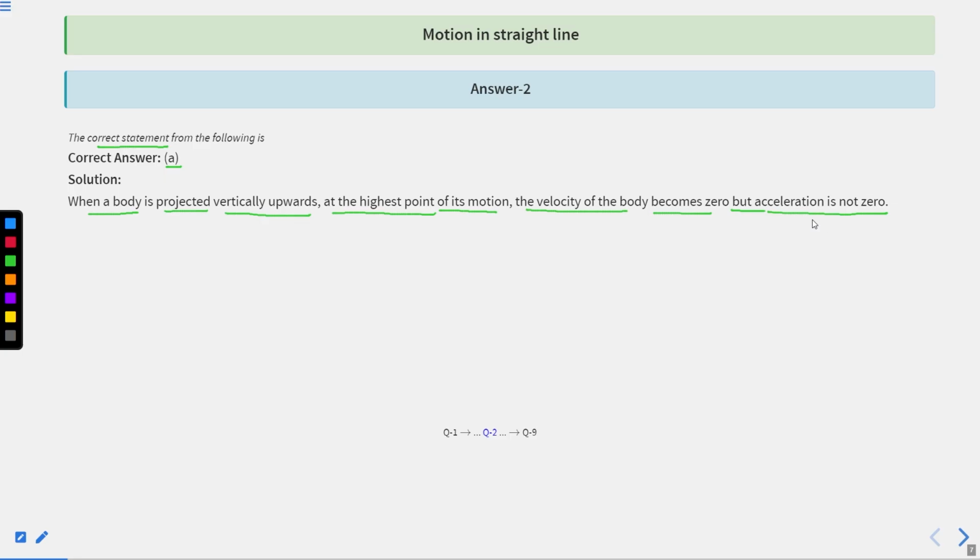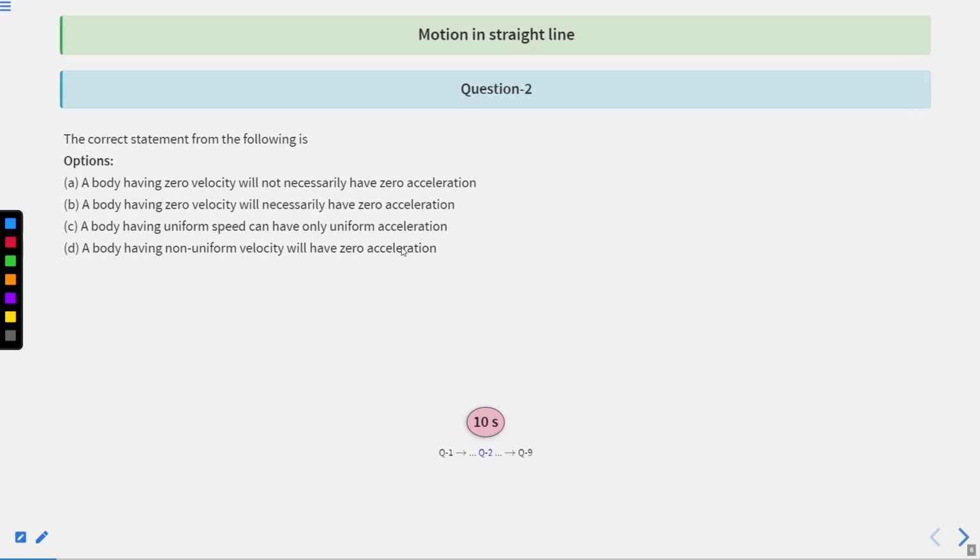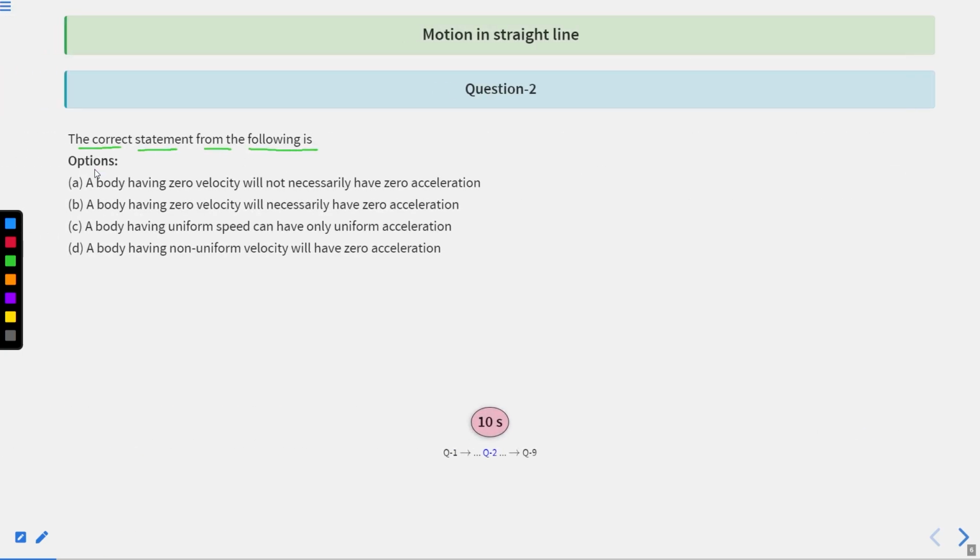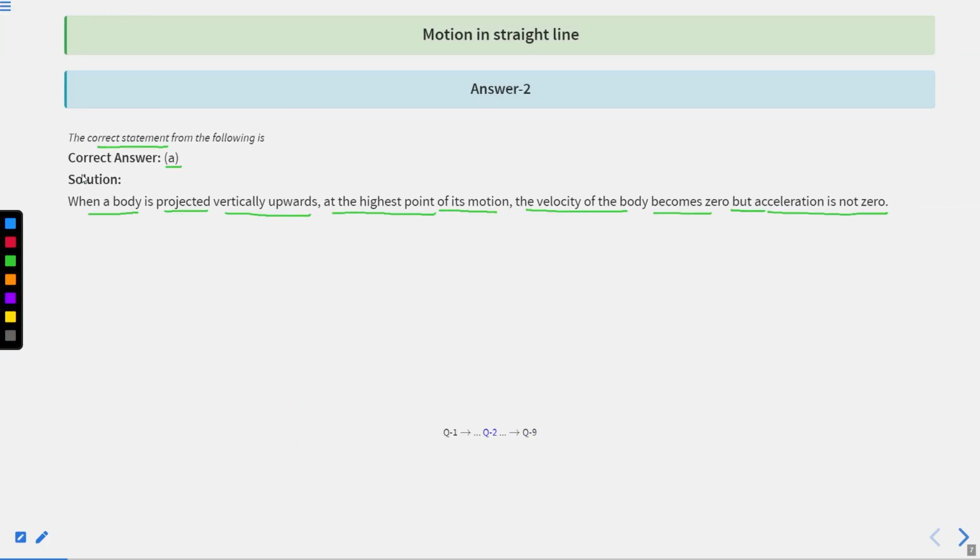Yes, because when a body is projected and reaches the highest point, due to acceleration due to gravity, the velocity becomes 0. Clear? So the correct option is A. Next question, third question.